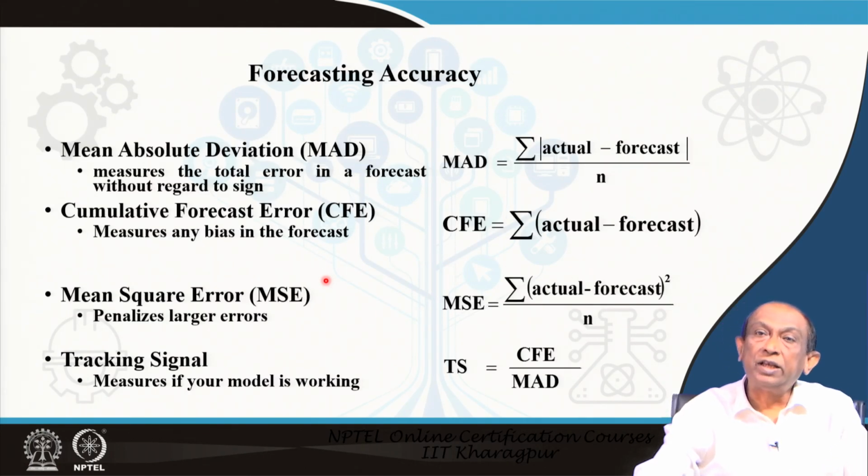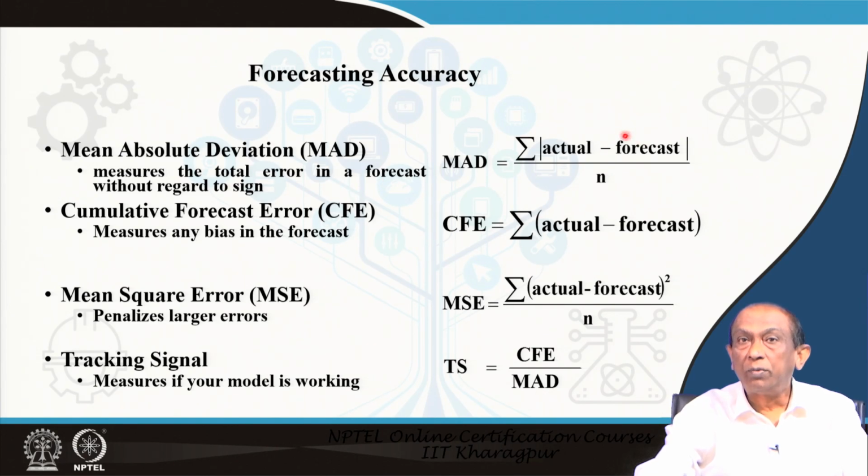There are several indicators for measuring the accuracy of forecast. The most simple of them is the mean absolute deviation, popularly known as MAD. MAD measures the total error in a forecast without regard to sign.